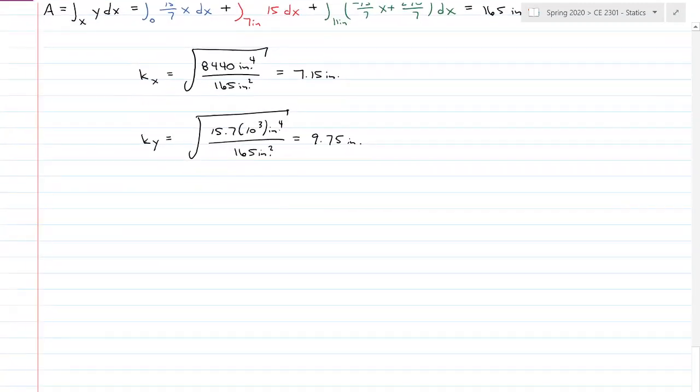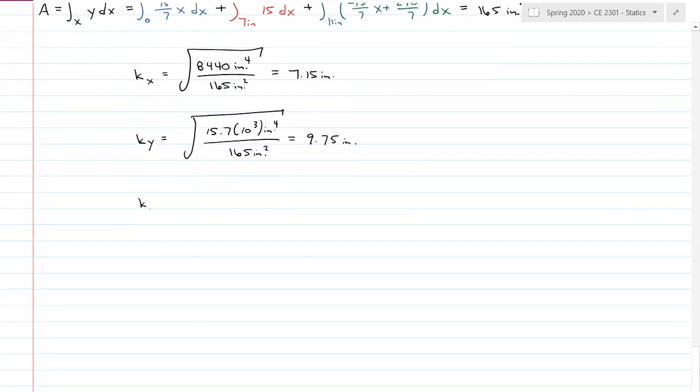And my polar radius of gyration about the origin is going to be 24.1 times 10 to the third inches to the fourth, divided by 165 inches squared. And that is equal to 12.1 inches for that value.